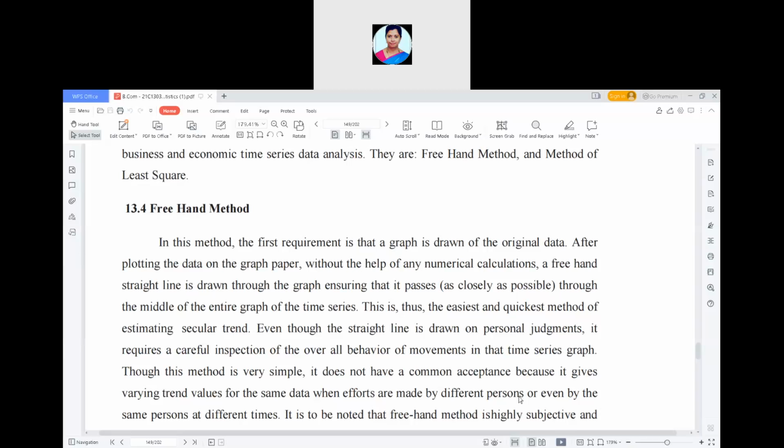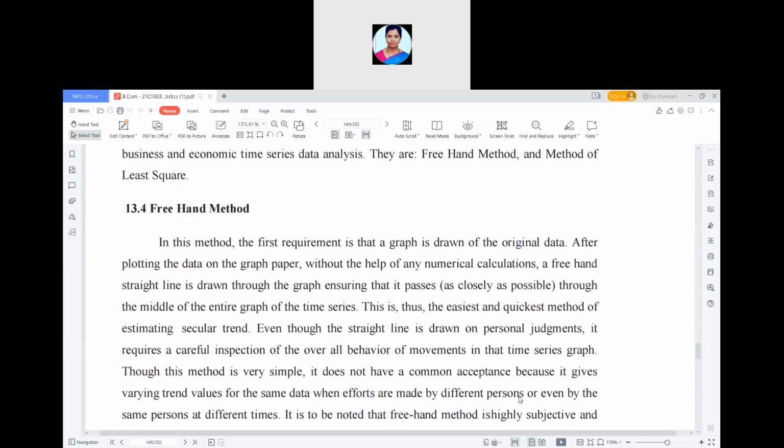When a trend line is fitted by the freehand method, an attempt should be made to make it conform as much as possible to the following conditions. It should be smooth, either a straight line or a combination of long gradual curves.